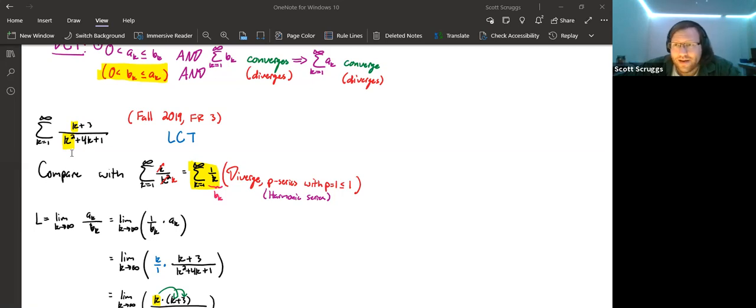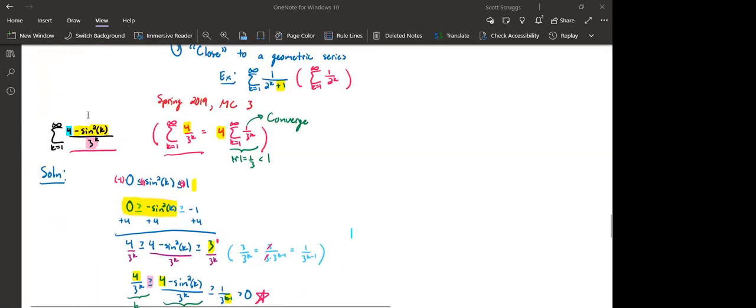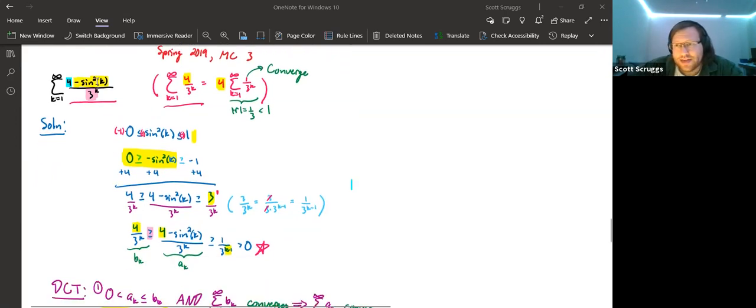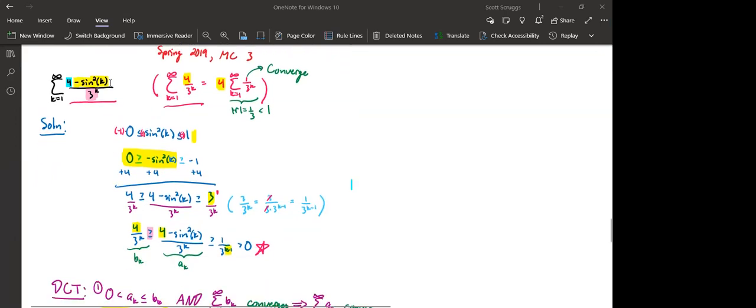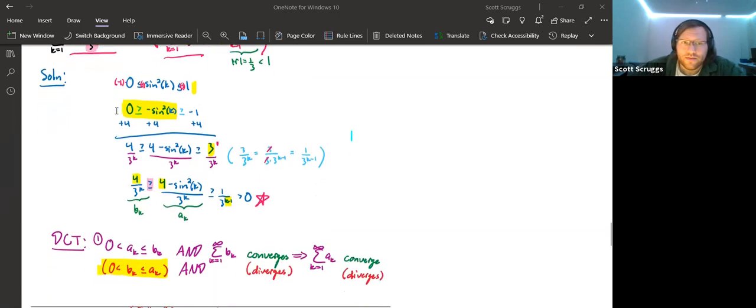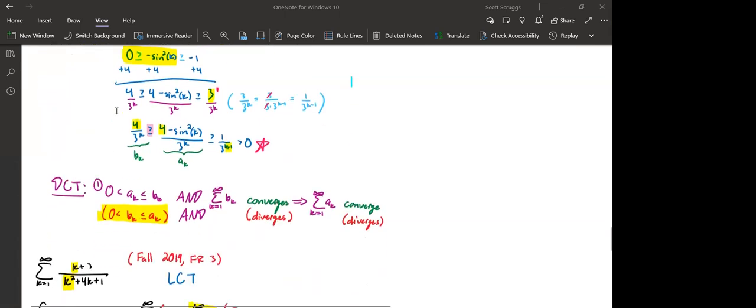So that's why 95% of the time, if I have a choice, I would prefer to use limit comparison tests. The only reason why on the previous problem we did use direct comparison tests is because of that sine squared of k. That had an inequality that we already know that I could exploit. Okay. Yeah, makes sense.